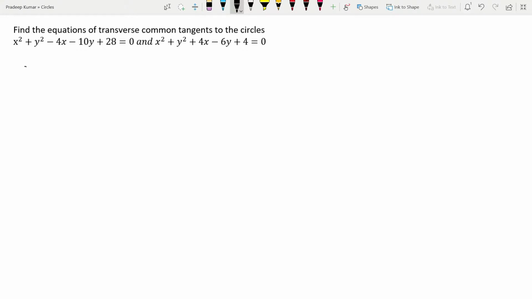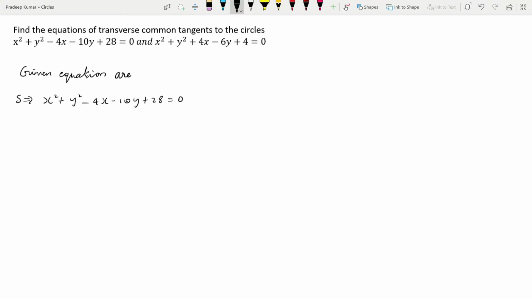So let's go forward. I can write here, given equations are: the first equation I'm representing with S, so I can write this as x square plus y square minus 4x minus 10y plus 28 equal to 0.